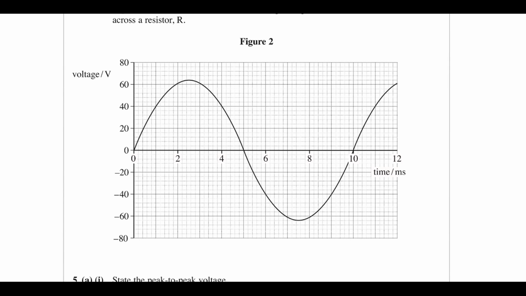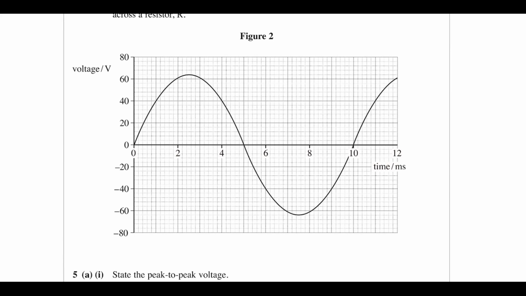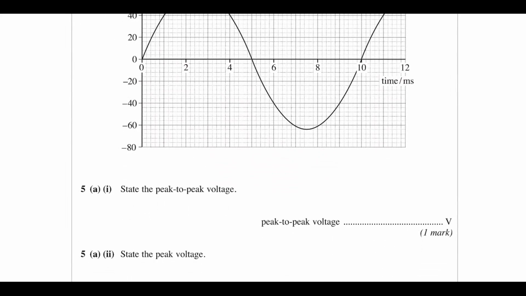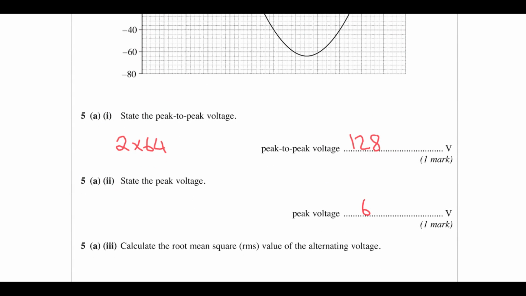Your max is about 64 approximately as your peak voltage. So your peak to peak voltage is going to be 2 times 64, so that's 128 volts. State the peak voltage, well, it's half of that, so it's going to be 64.